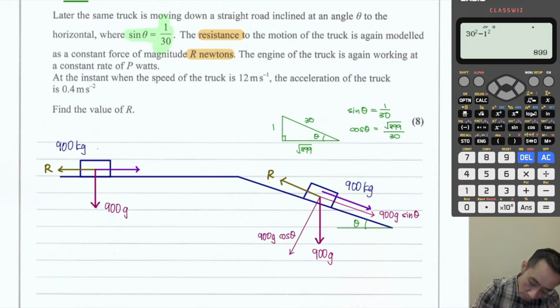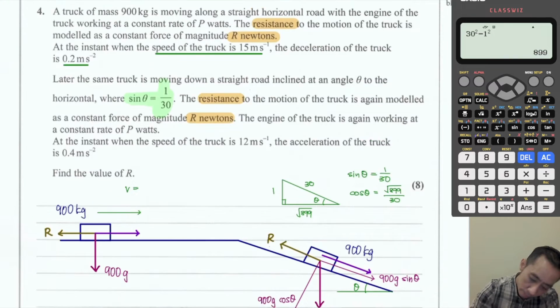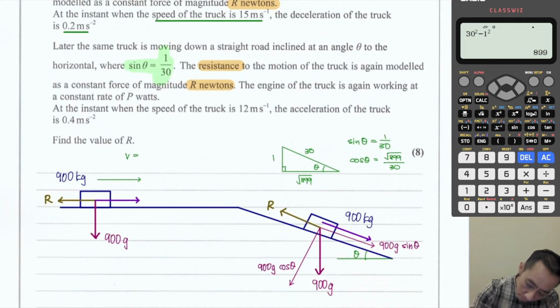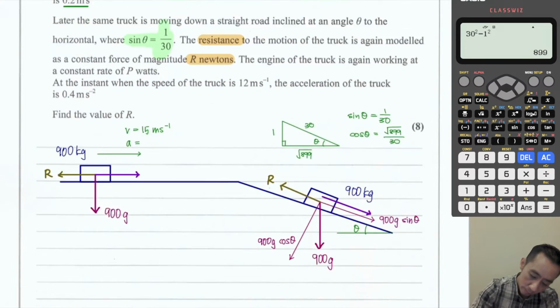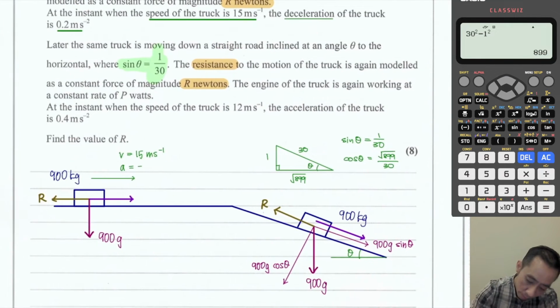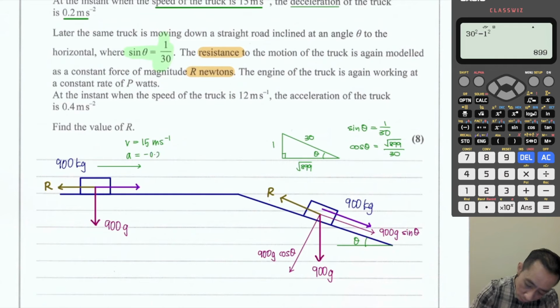So when the truck is moving in this direction, v is 15 and then a is deceleration. Be careful of the words here. So a is negative 0.2 ms-2.